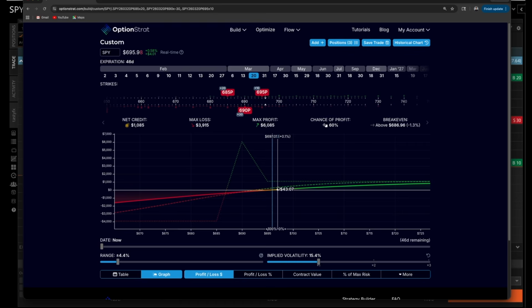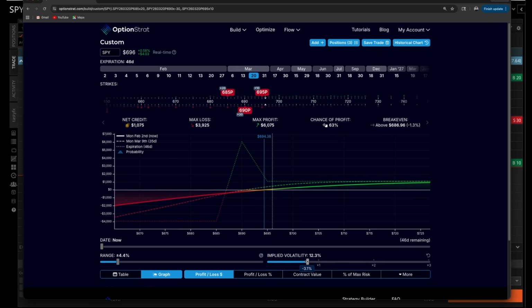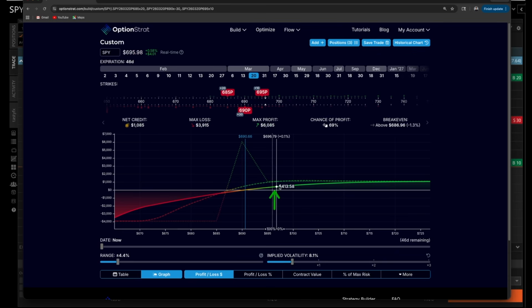So let's see what that does to this T plus zero line. So I'm going to slide the implied volatility slider to the left to reduce the implied volatility that's priced in the options. And we can see that the T plus zero line lifts, making it easier for the trade to make money.